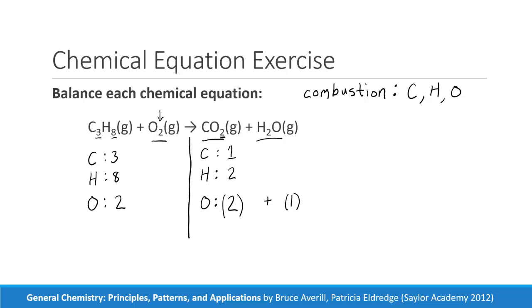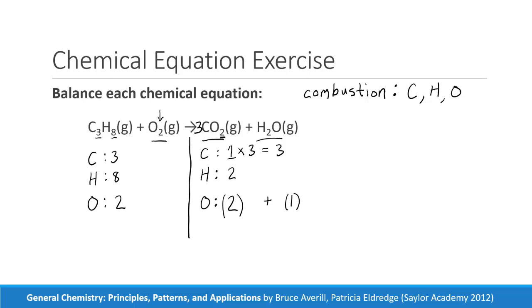Okay, now looking first at the carbon, we notice that we need to have 3 carbons on both sides of the reaction. So I need to increase the number of carbons on the product side. And if I want to have 3 carbons, I need to decide 1 times what gives me 3. Well, that's a 3, so we're going to put a coefficient of 3 in front of CO2.